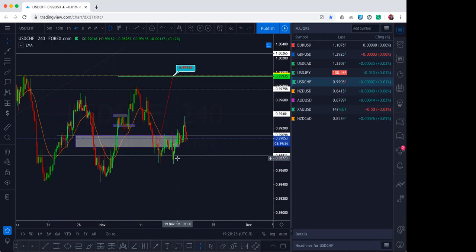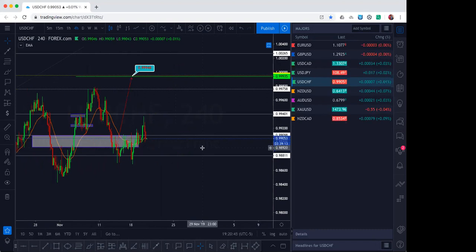But again, we're looking for continued strength out of this pair. So the overall target point still remains at 99.94. So that's still the overall area that we'll be looking at for the dollar Swiss. Right? So all you want to be looking at now is watch this area. Let's identify that zone, 99.10.